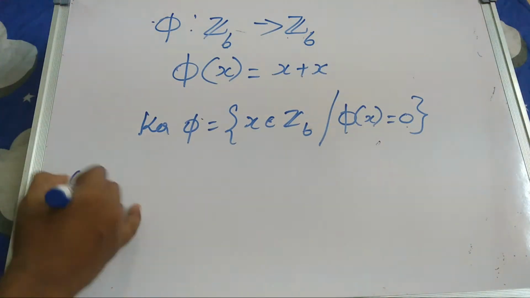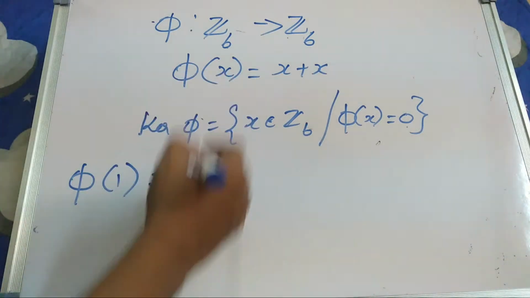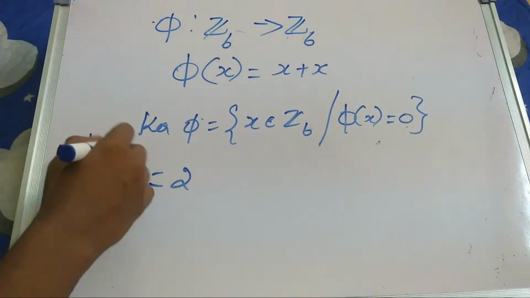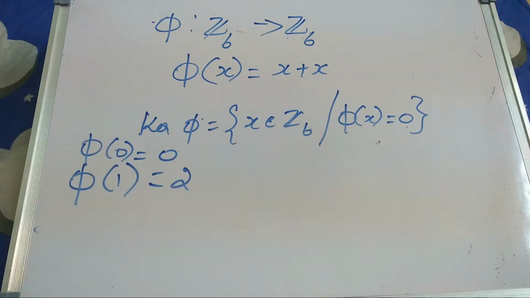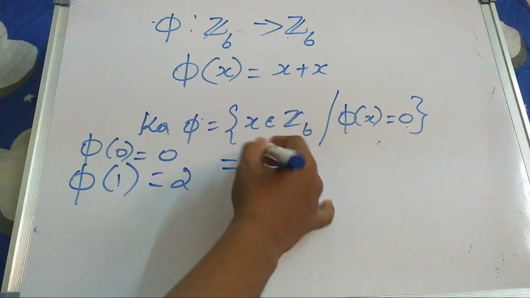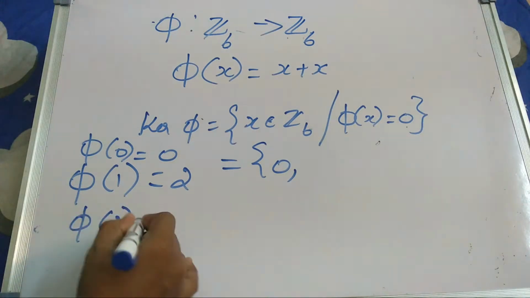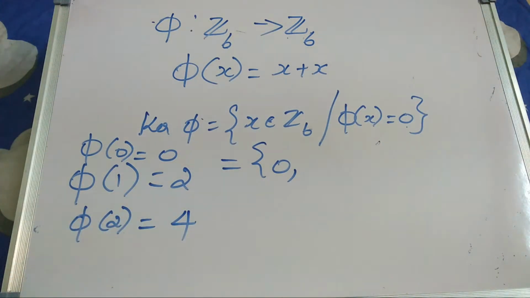So what is phi of 1? It is 1 plus 1, 2. Phi of 0 is 0 plus 0, 0. So the kernel will have 0 in it, because it is mapped to 0. Phi of 1 is 2. Phi of 2 is 2 plus 2, 4.